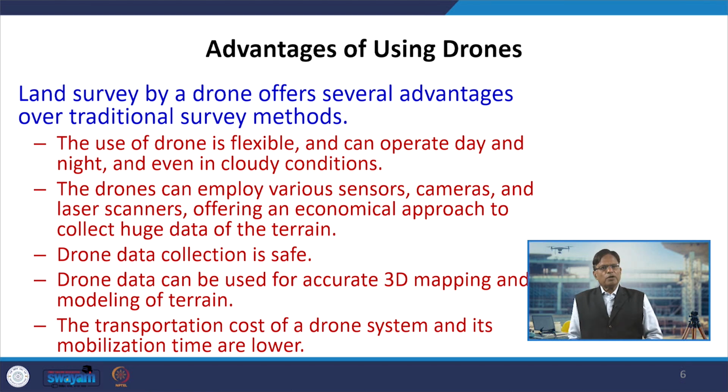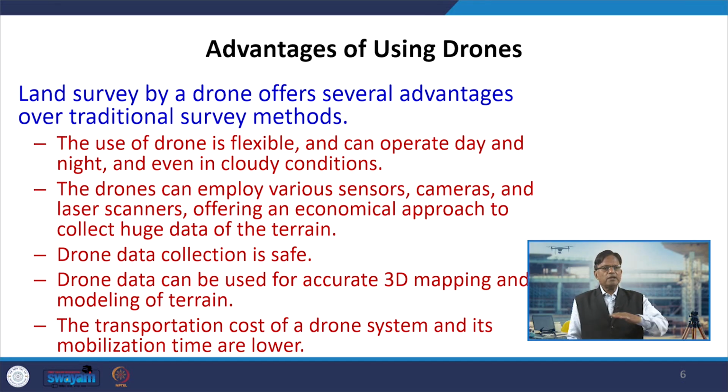Drones can employ various sensors, so that is another big advantage. We can have camera systems, multispectral cameras, laser scanners, and other types of sensors like temperature sensors and so on, which offers us a very economical approach to collect huge data of the terrain.